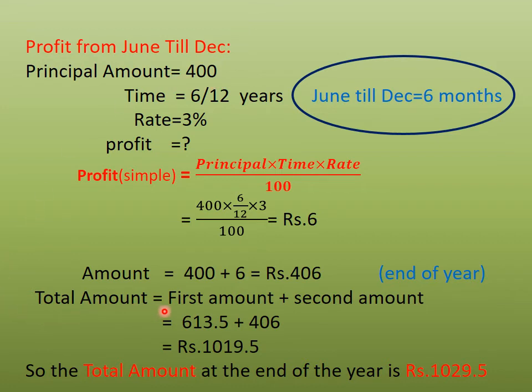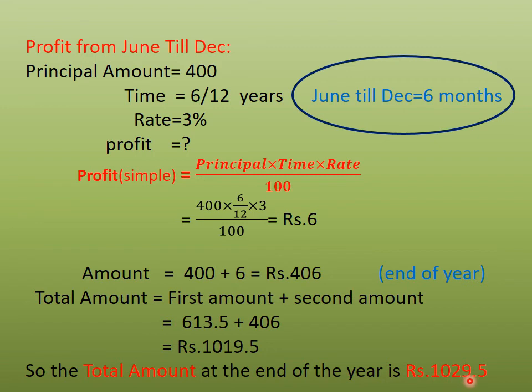Now what is the total amount? Total amount would be first amount plus second amount. This is first amount when he invested 600 rupees. This is the second amount when he get profit with 400 rupees. And after adding these two amounts, the total amount at the end of the year is 1029.5.